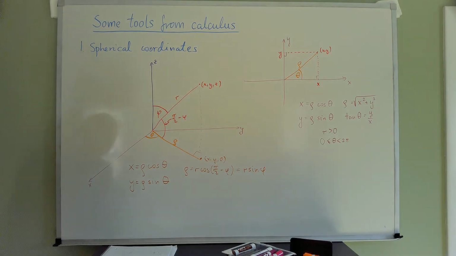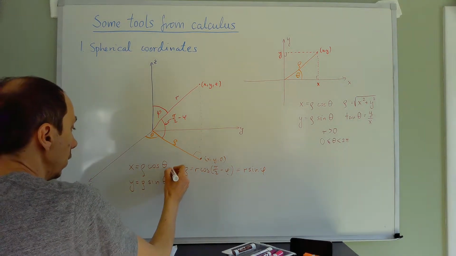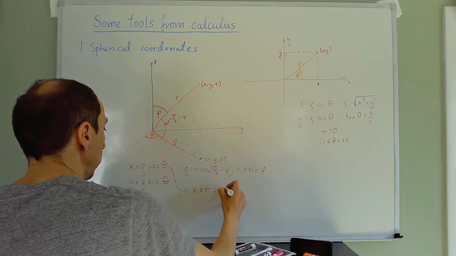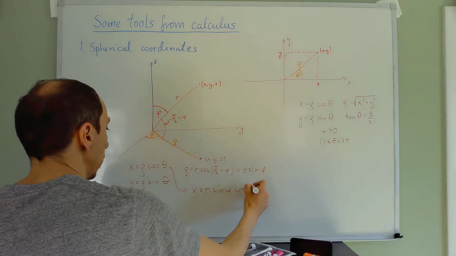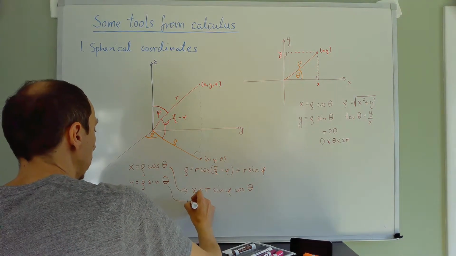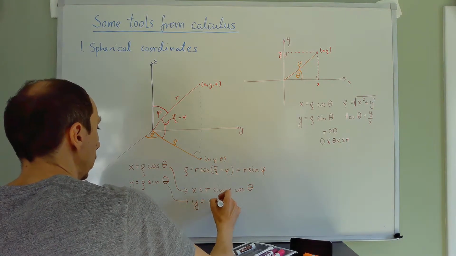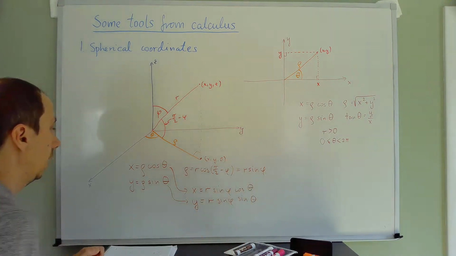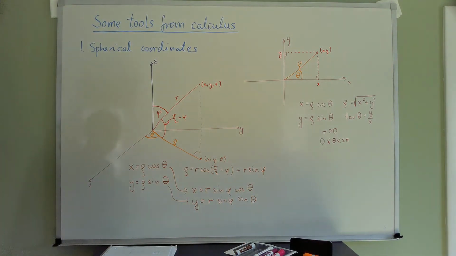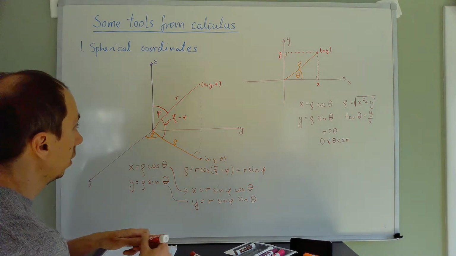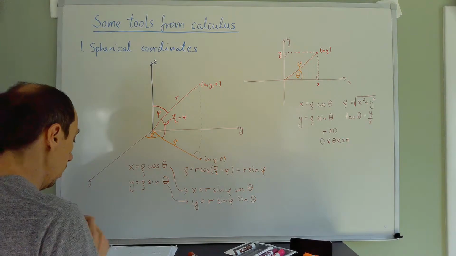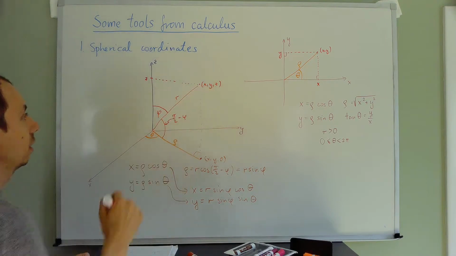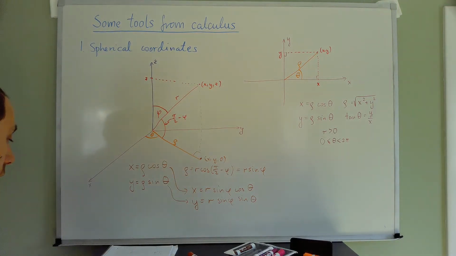So this gives us a complete formula for x and y. I get that x is equal to r sine phi cosine theta. Same for y: y is equal to r sine phi sine theta. And what's left is I just need a formula for z. However, there is another right triangle here, namely here. That's the z coordinate coming from this point.